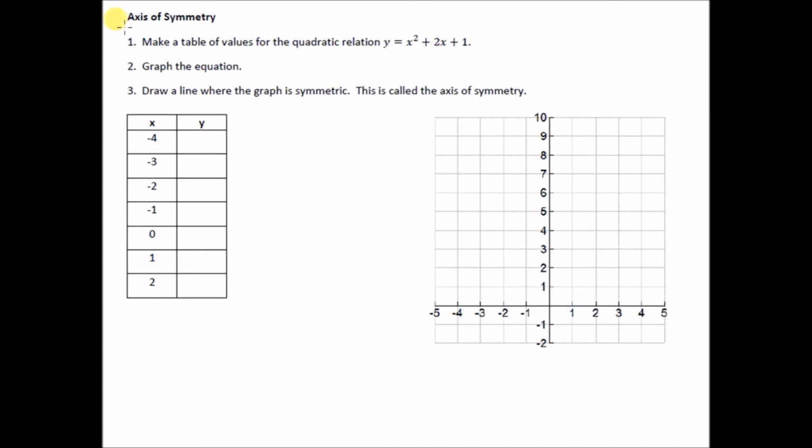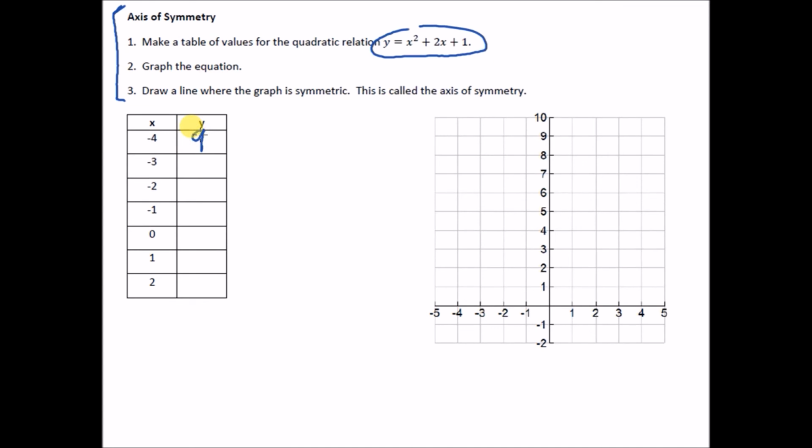Okay, now let's talk about the axis of symmetry. I already kind of stated this before, but let's zoom in on this. Let's make a table of values for this quadratic relation, and then we're going to graph it. So I'm going to sub in negative 4 squared plus 2 times negative 4 plus 1. That's going to be 9.